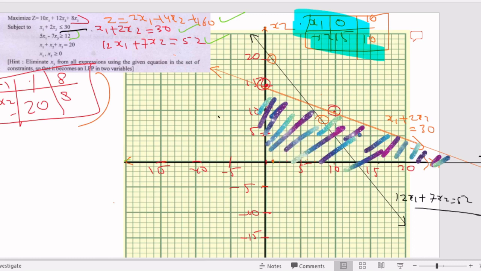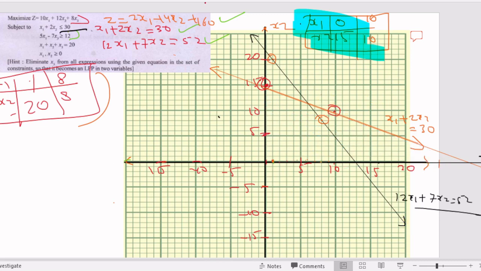Second, the second equation is greater than or equal to 12, so this line, which line? This one is greater than 12, above this one. So if you see that, what is the common region? This is common in both, and this will be your feasible region.